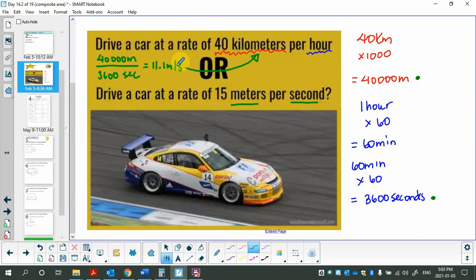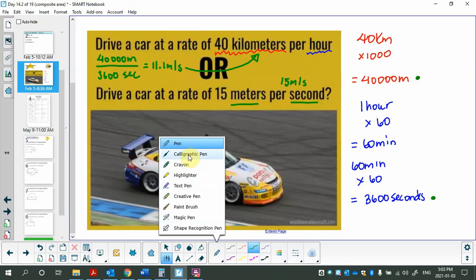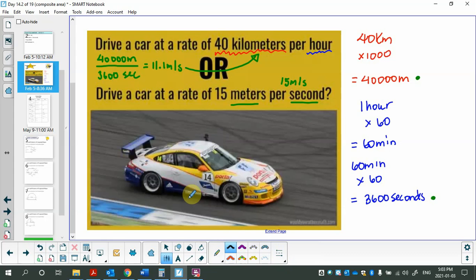So the question is, would you rather drive 11.1 meters per second, which is the exact same thing as 40 kilometers per hour, or would you rather drive a car at 15 meters per second? For me personally, creative pen, happy face, I want to drive a car fast.